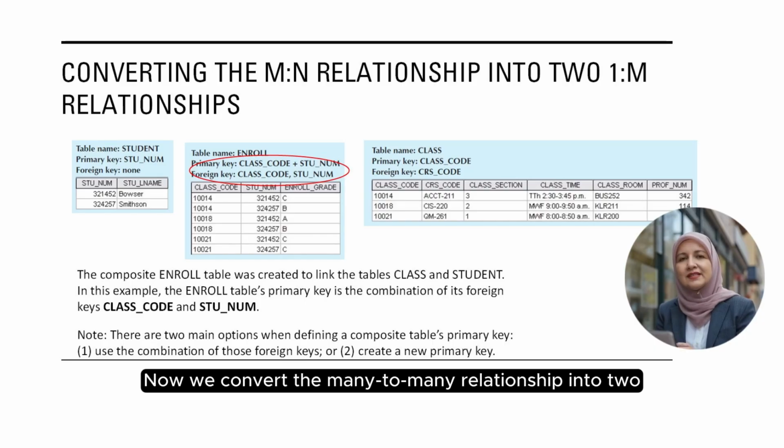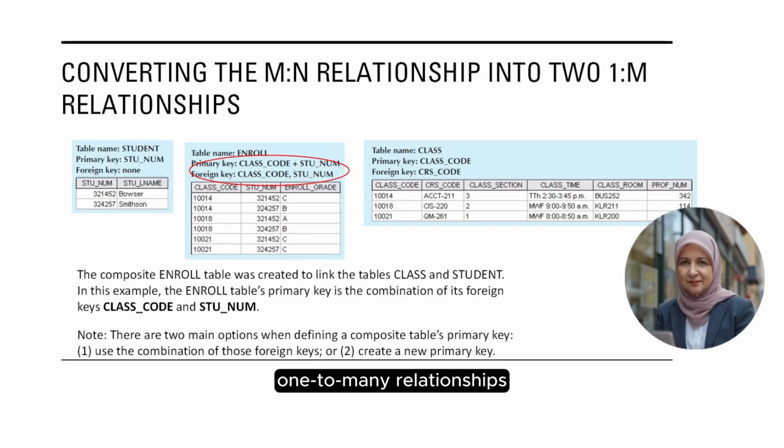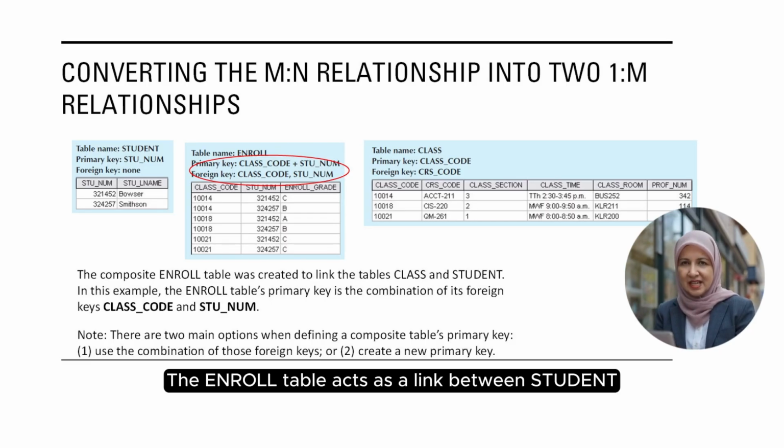Now, we convert the many-to-many relationship into two one-to-many relationships using a new table called enroll. The enroll table acts as a link between student and class. Each student can have many enroll records, and each class can also have many enroll records.